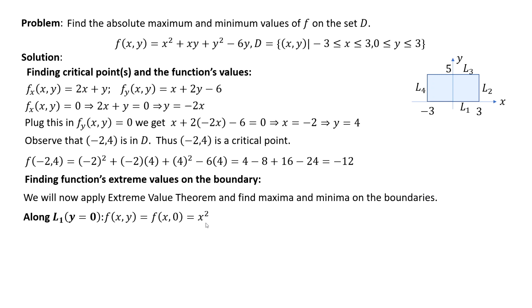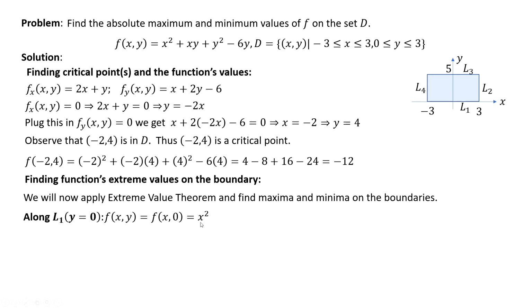Cool. Well, is there a maximum value of f given that f of x,y is equal to x squared? And is there a minimum value? x squared, we know about this function, right? So at x equals positive 3, this has a value of positive 9.